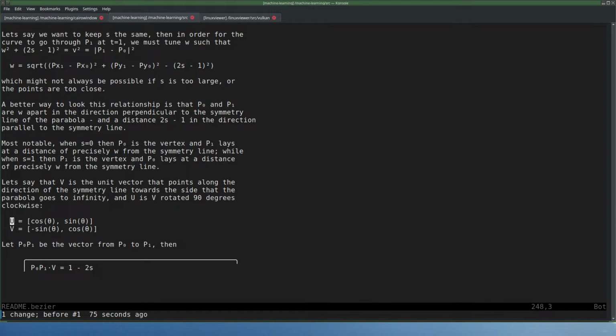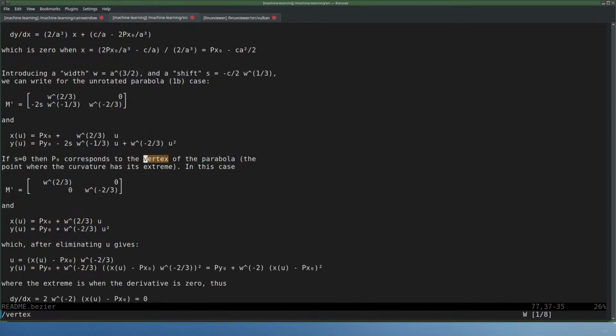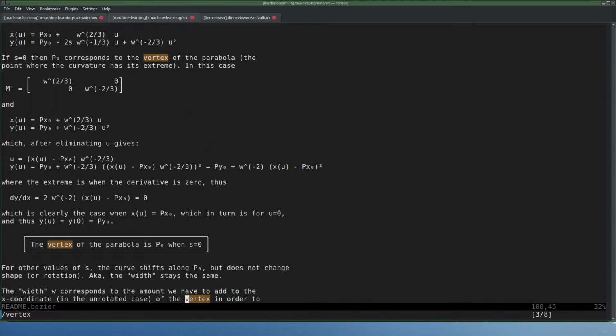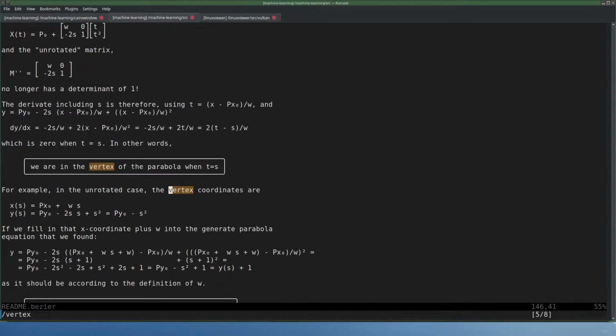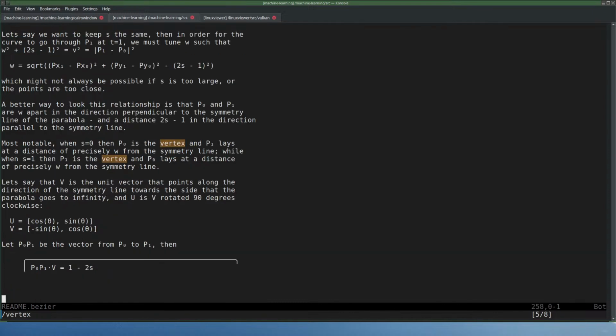But this whole README is not talking about v yet. I'm just talking about the vertex, I think. So the vertex, I'm not giving it a name. Okay, I'm going to use v here, why not?